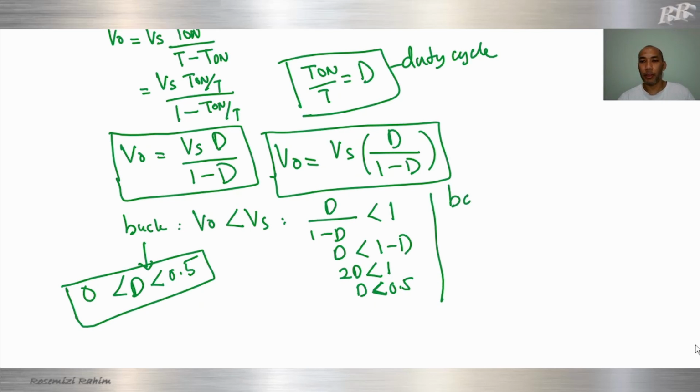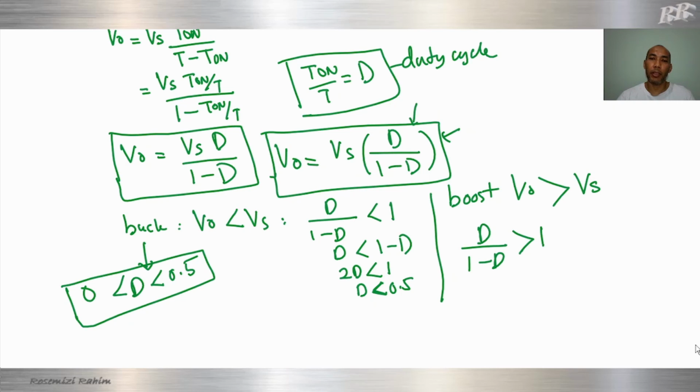For boost converter, V out is greater than Vs. So from this equation, D over 1 minus D should be greater than 1. So when D over 1 minus D is greater than 1, it means that V out will be greater than Vs.